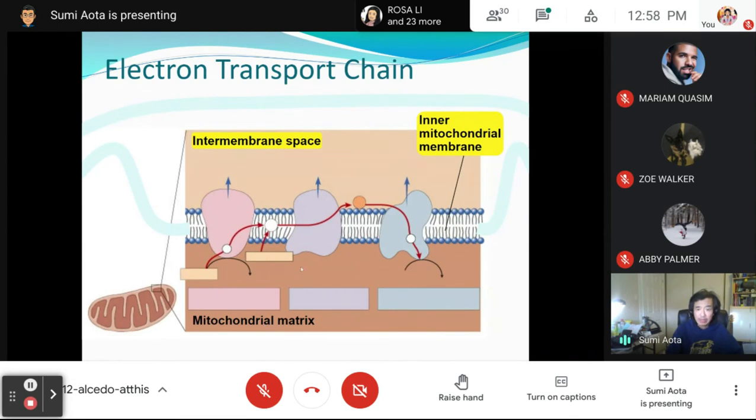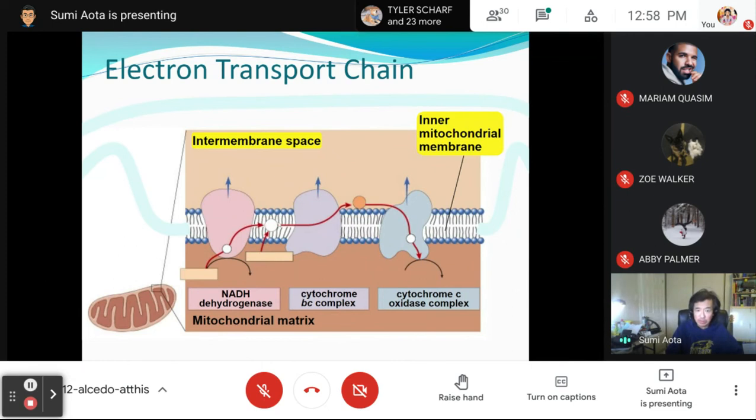The three enzymes here are number 1, NADH dehydrogenase, number 3, cytochrome BC complex, and number 4, cytochrome C oxidase complex. Those are the names given to these 3 blobs.